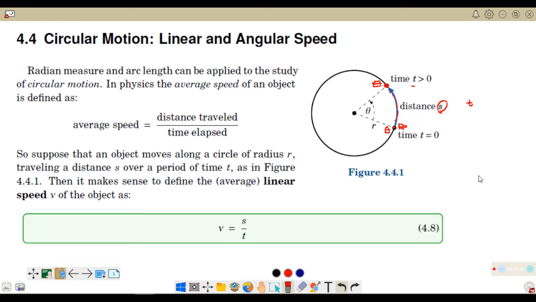Kuha kayo ng tali o kaya ng anything na bilog na pwede nyong putulin. Pwede naman na kuha kayo ng tali, tapos gawin nyo siyang bilog. Ayan. So, di ba pagka nagtali ka, tapos bilog siya, meron kang mga arc dito.